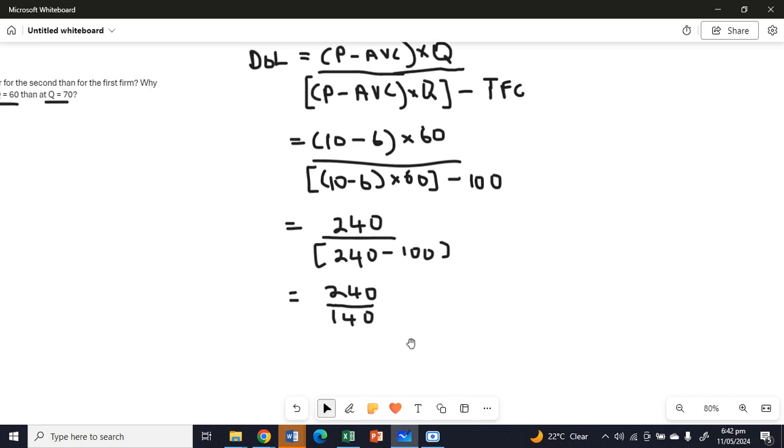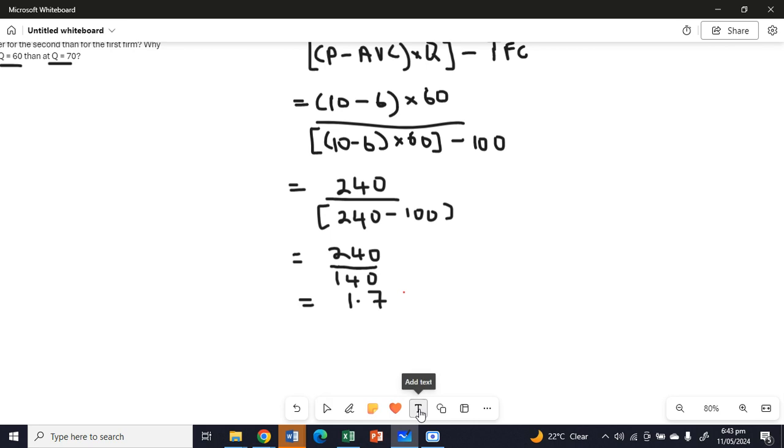So what this 1.7 means is that if sales increase or decrease by 1%, our operating income is going to either increase or decrease by 1.7%. So let me type that down here. What this is telling us is that if sales increase by 1%, our operating income increases by 1.7%.